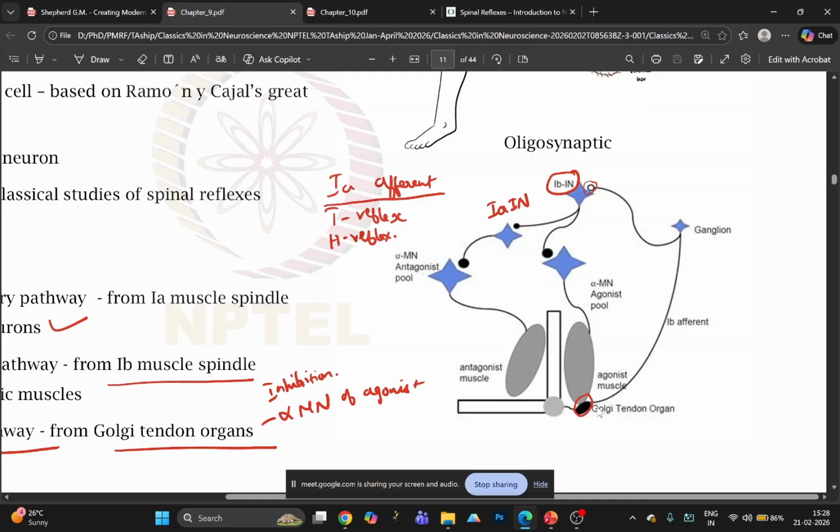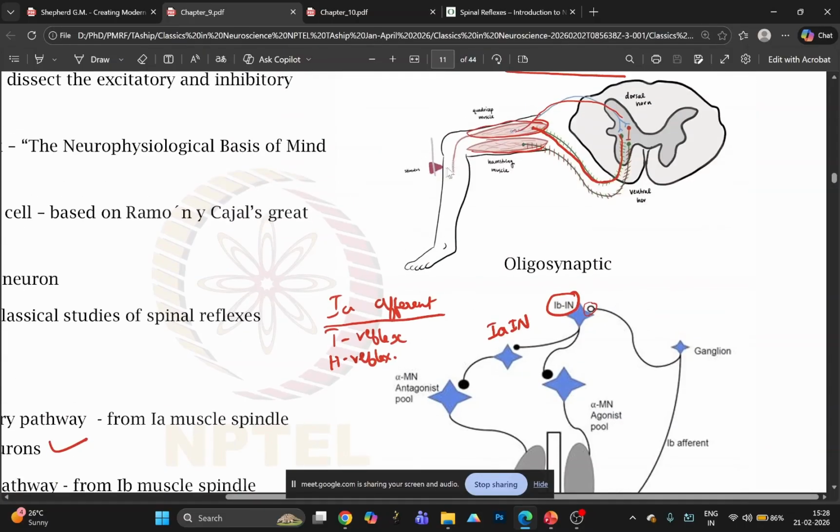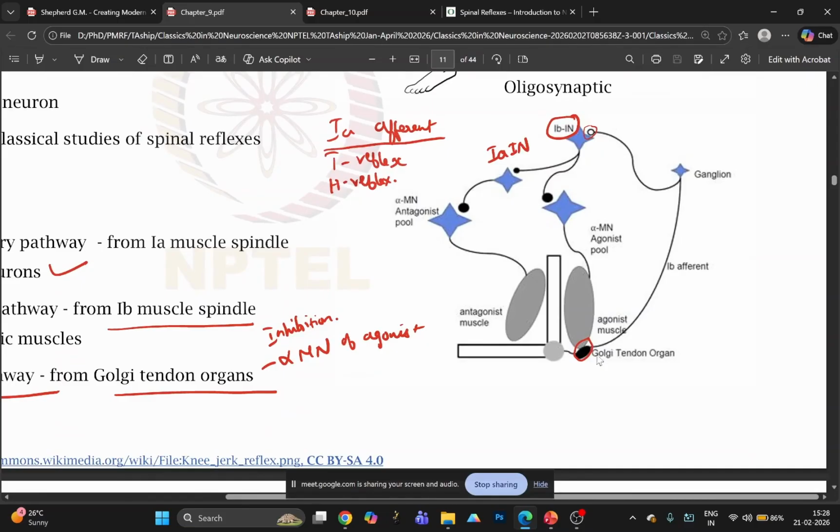So when there is stimulation of this tendon by the tapping of the tendon, these Golgi tendon organs will give the information again from the 1B afferent to the spinal cord. And that will cause the inhibition.